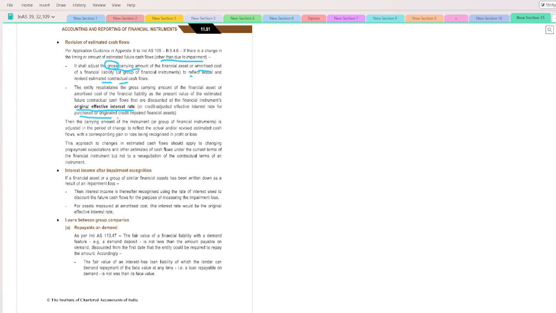So this we call a POCI. Like if you are buying any impaired loan from the market, it is not originated, you are buying it from the market, and it is credit impaired, where the credit event has happened. So that is called credit impaired. This also I have explained to you.